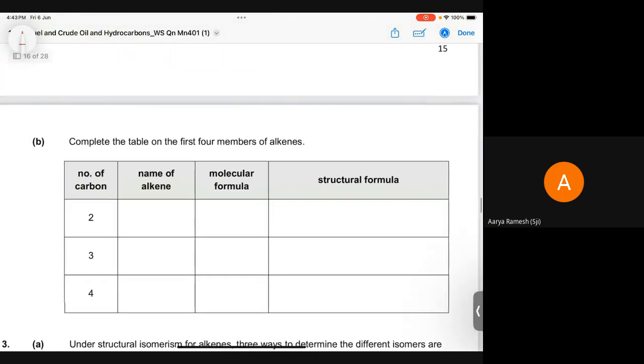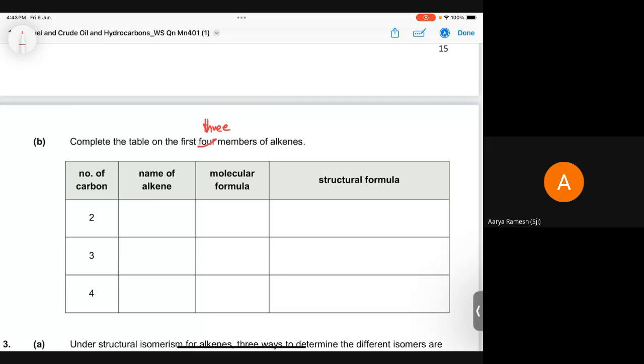Now, let's look at this particular one where we're going to fill up the first 3 members of alkenes, which is 2 carbon, 3 carbon, 4 carbon.